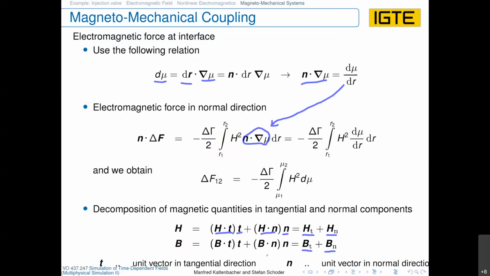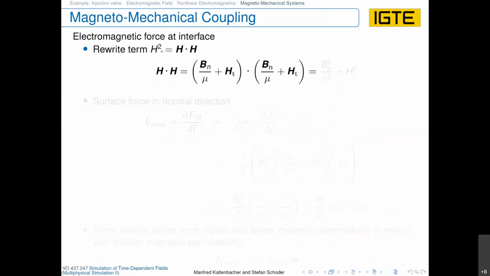Okay, and now we also know that we have the constitutive equation between h and b, which we will explore. And so this term h squared, which is the dot product h dot h, as shown here, we now substitute in such a sense that we substitute the normal vector of h by b via the constitutive equation.